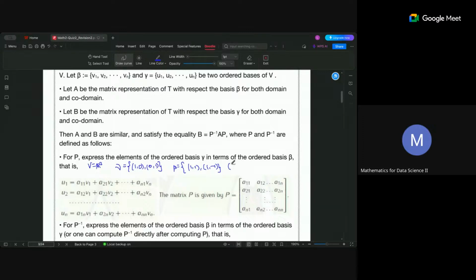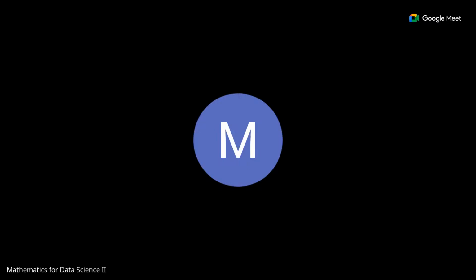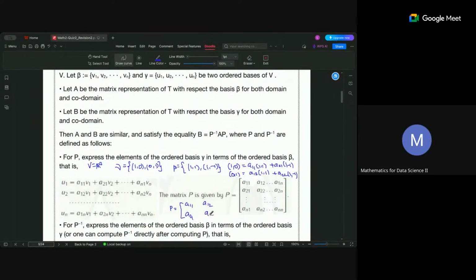You have to express 1, 0 as a linear combination of 1, 1 and 1, minus 1. Same way, you have to express 0, 1 as a linear combination of 1, 1 and 1, minus 1. The coefficients a11, a12, a21, a22 form the matrix P. This is how you have to find the matrix P in this scenario. Clear? Yes, ma'am. Okay.